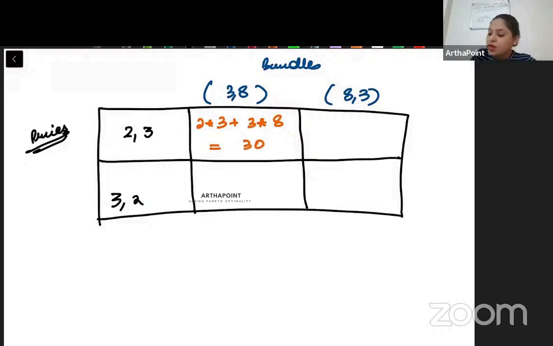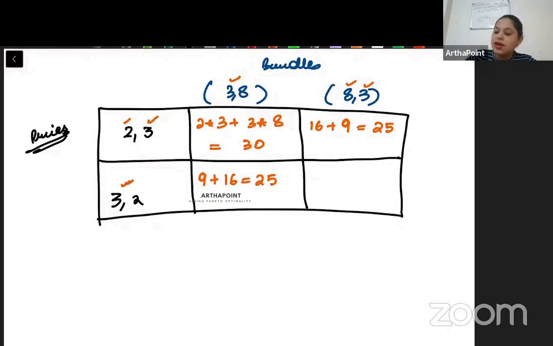Then if the price is 2, 3, but the bundle is 8, 3: 2 into 8 is 16 plus 3 into 3 is 9, so 25. Now, when my price is 3, 2 and bundle is 3, 8, it's 3 into 3, 9, plus 16, which is 25. And when my price is 3, 2 and bundle is 8, 3, it is 24 plus 6, which is 30. This is the expenditure.